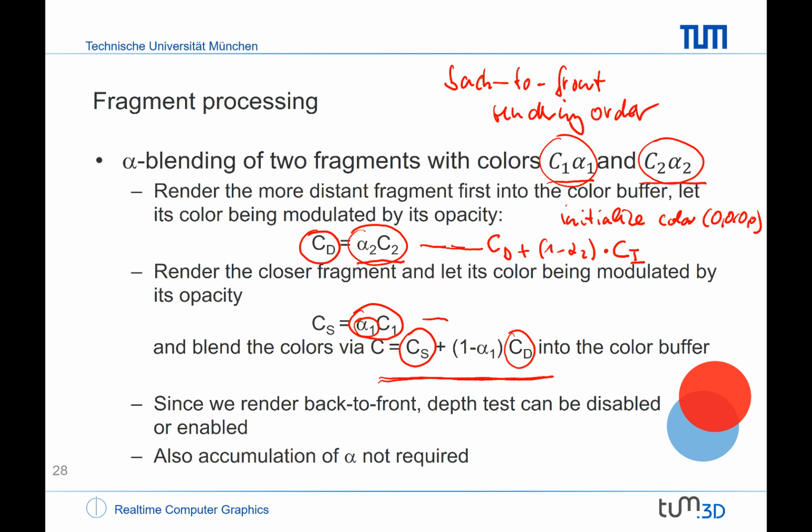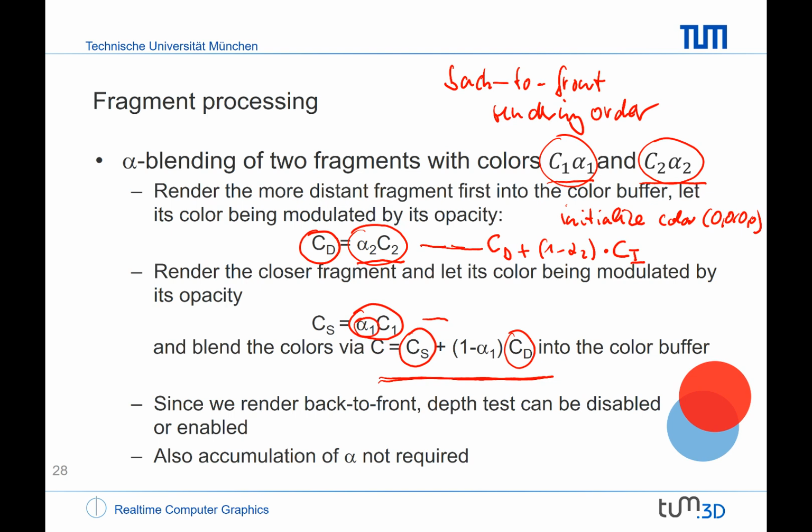Now it may come out what we have in mind here. We don't want to explicitly distinguish between a foreground and a background fragment, but we want to do the very same operation for all the fragments which are rendered in the right rendering order, back to front in this example. Whichever fragment is rendered and at whichever position in that order it is, we want to perform the very same blend operation.